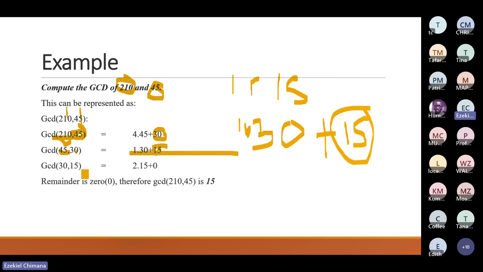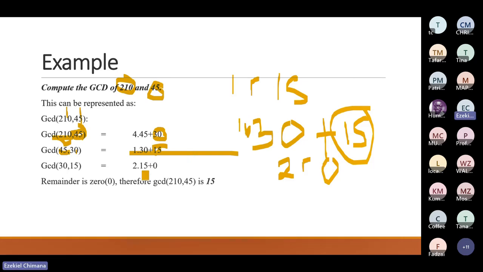So you have 30 and 15 here. After that, you say 15 into 30 is 2, remainder 0. As soon as you get 0 there, that's where you have to report.